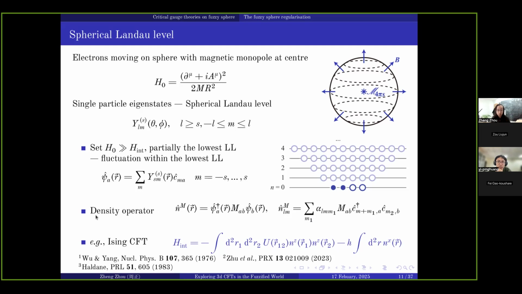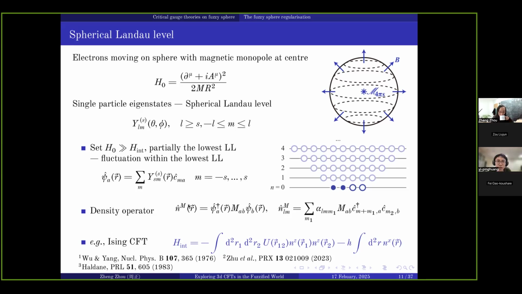So for example, for the Ising CFT, we only need to put a density-density interaction in the z direction and a polarizing term that favors the x direction. So that's how we write down the model to put the simplest Ising theory onto the fuzzy sphere.